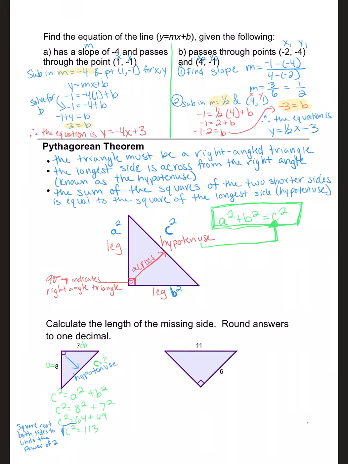It's the opposite operation of squaring something, is square rooting it. So we're going to do that to both sides of the equation. So that'll leave us with C on the left, and the square root of 113 is going to be 10.6.